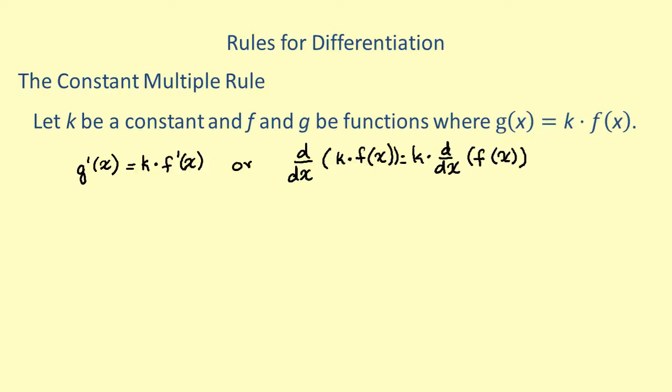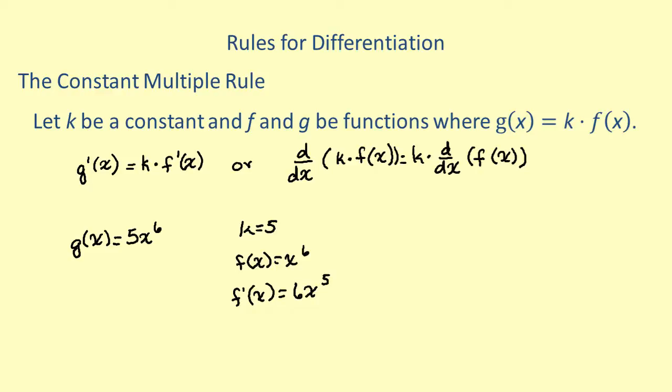Let's put the constant multiple rule to work and find the derivative of g of x equals 5 times x to the sixth. Start by finding k and f of x so we can use the rule. Here, k equals 5 and f of x equals x to the sixth. Using the power rule, we find that f prime of x is 6x to the fifth.